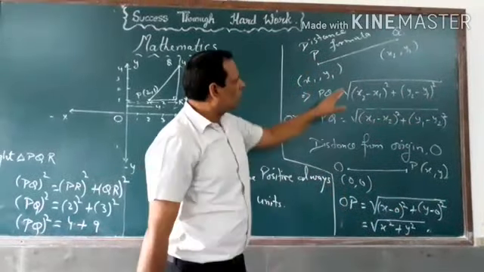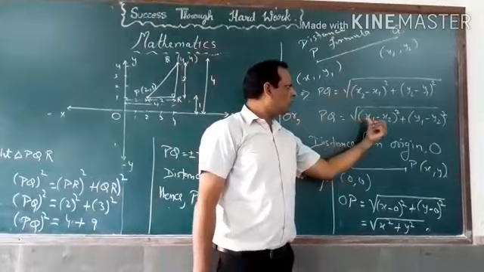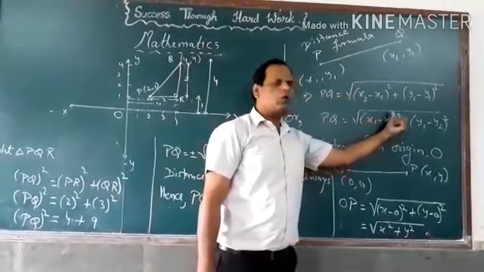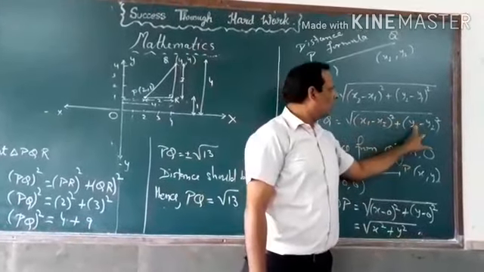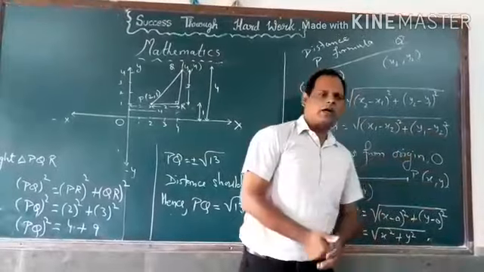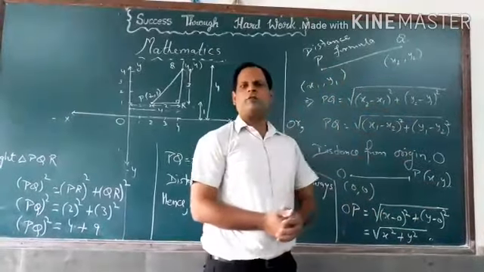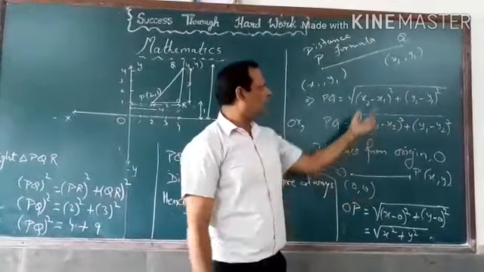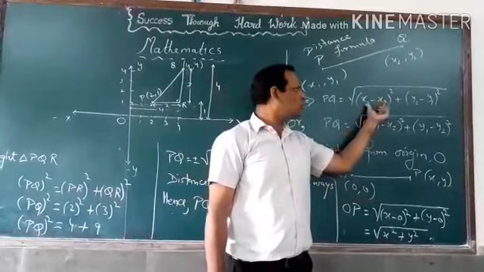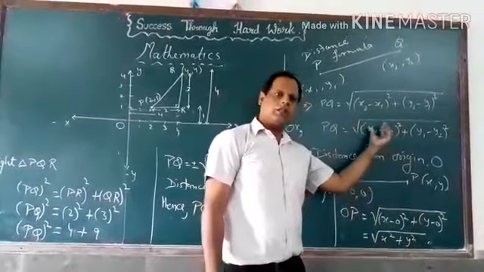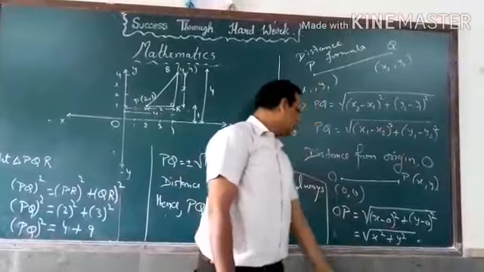Friends, this formula we can also write in this form: (x1 minus x2) whole square plus (y1 minus y2) whole square. These two values are in square form. It doesn't matter whether you write x2 minus x1 or x1 minus x2.